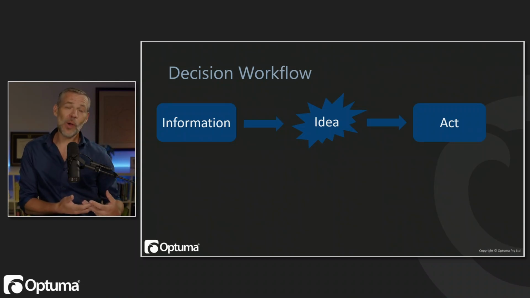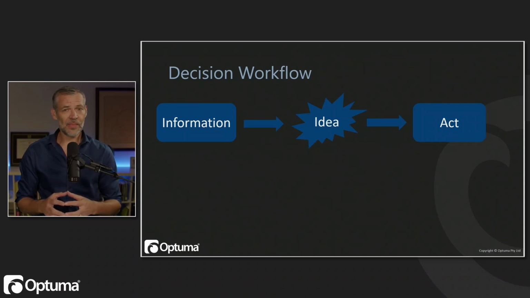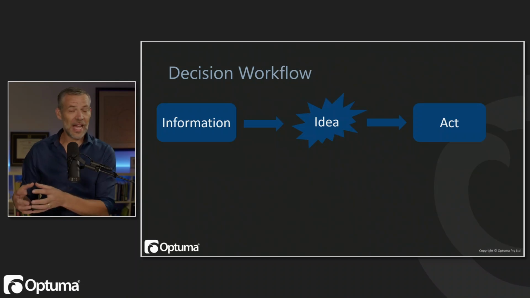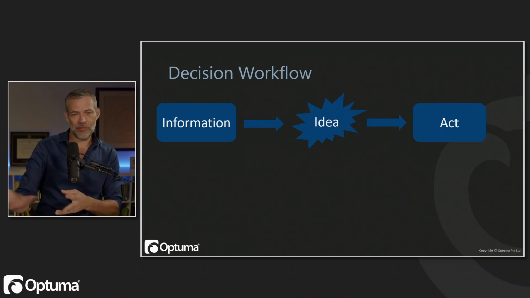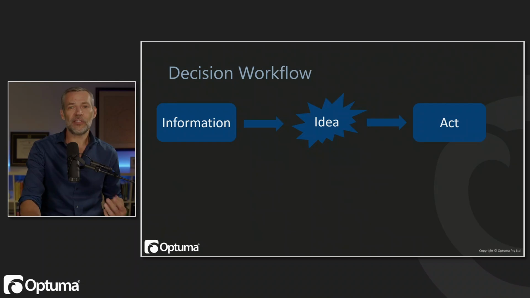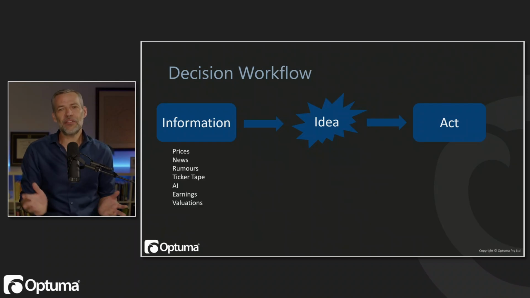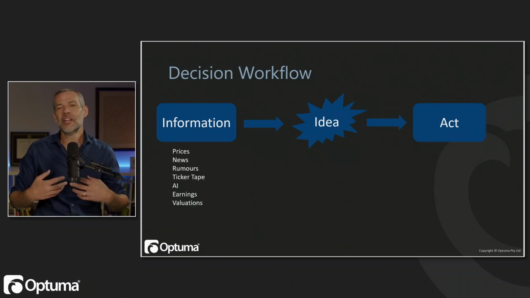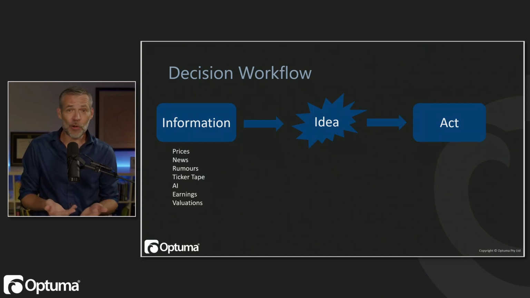A very simple way that I'd like to present it is this. We have information. Based on that information, we develop an idea. And then because of the idea that we're developing, we act. And that act may be trade, as I said, or advise clients, etc. So information could be anything from a price chart to news, maybe a rumor.